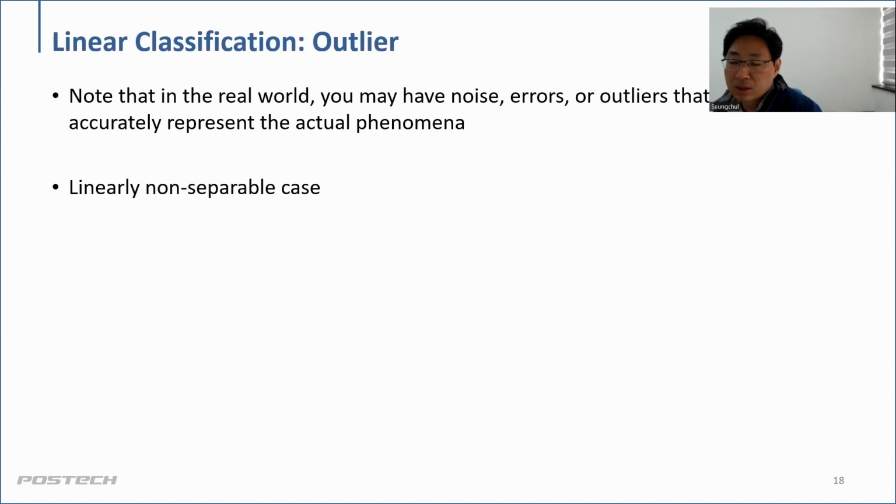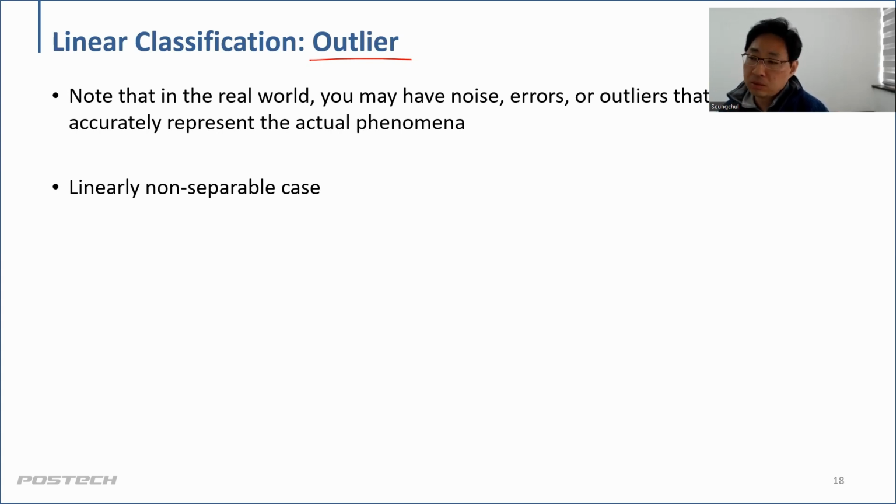Let's think about another kind of case. Suppose we have outliers. In the real world, some data points have noise, missing values, errors, outliers, or uncertainties, for any reason. If we do have a single data point that does not satisfy the linearly separable case, then the first attempt does not give us the right solution because no solution exists.